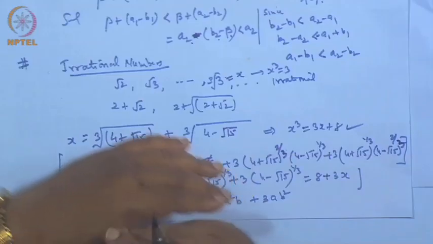Clear? So, what we conclude is that when we have a general algebraic equation with integral coefficients, the solution of this algebraic equation will give either a rational number or maybe an irrational number. So, always the roots of this algebraic equation will be rational or irrational.